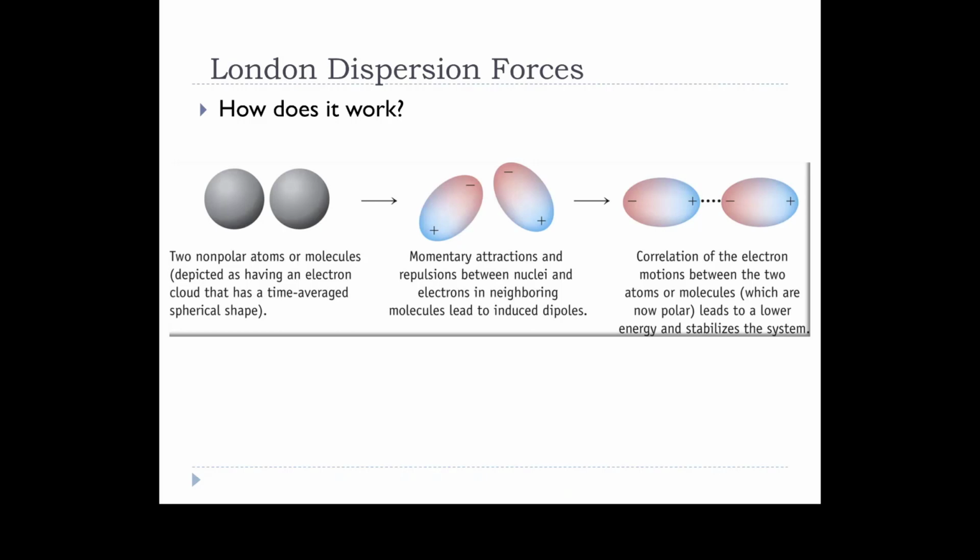Left-hand side, two molecules. Electron clouds, time average, basically a sphere, okay? But take a snapshot at any given time of these molecules, and those electrons, remember, from the classical point of view, you can kind of think about them as being in orbits around the nucleus, right?